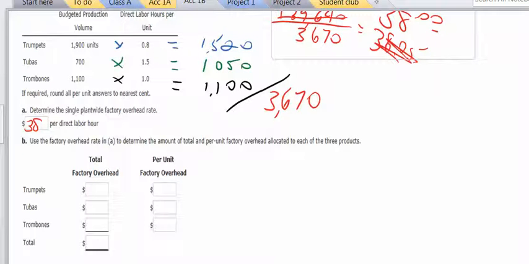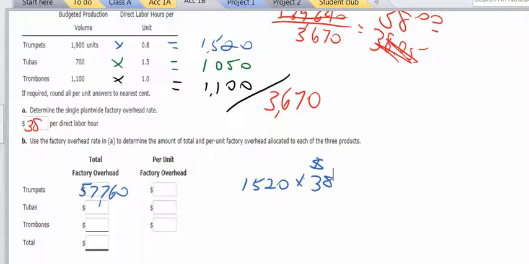So 1,520 times 38 equals 57,760. Again, I multiplied the 1,520 times the $38 per hour, and that's how I got that number.